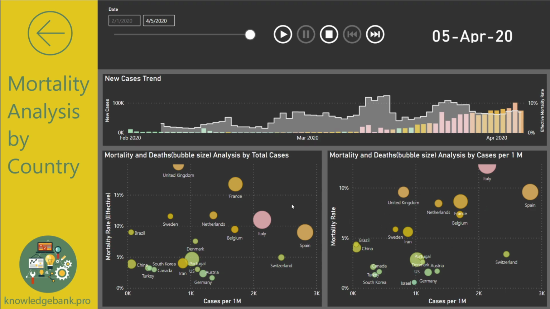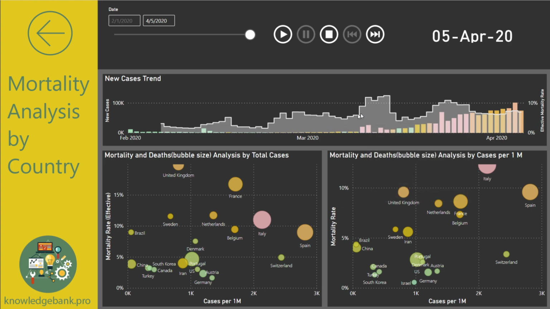What you see on the left is a similar chart where you see cases per 1 million on the x-axis, and then you see my effective mortality rate on the y-axis. And in the trend chart, we are looking at two different metrics. We're looking at the number of new cases, so we see a trend of daily cases.